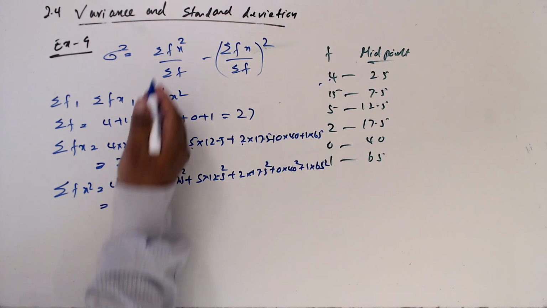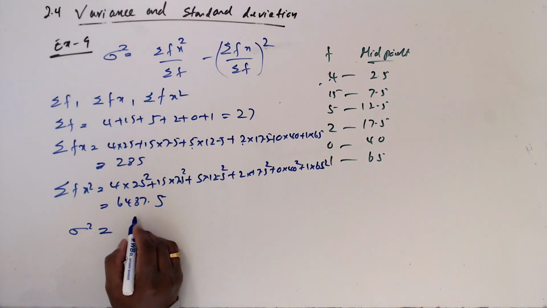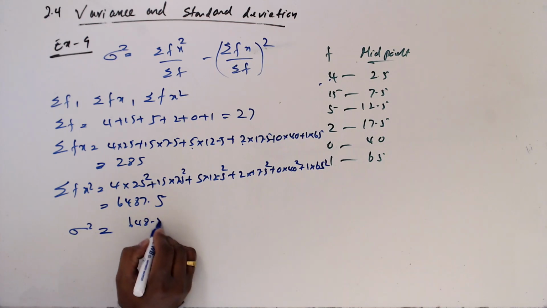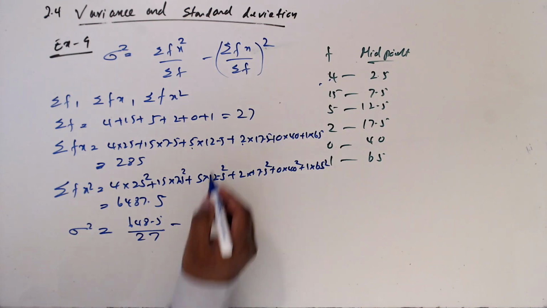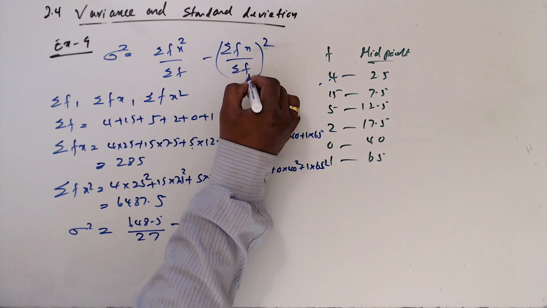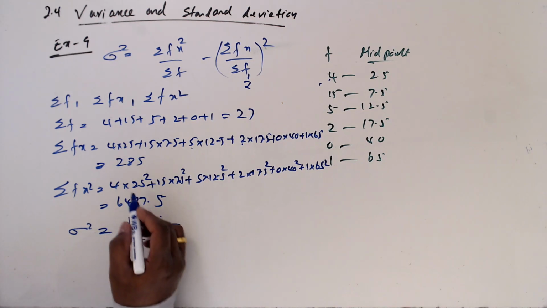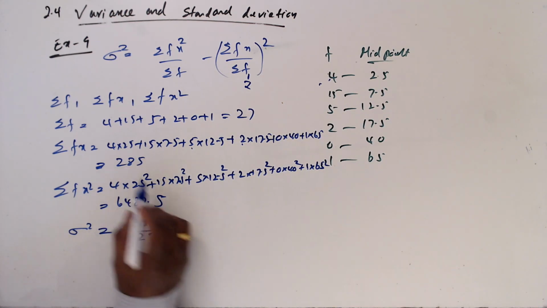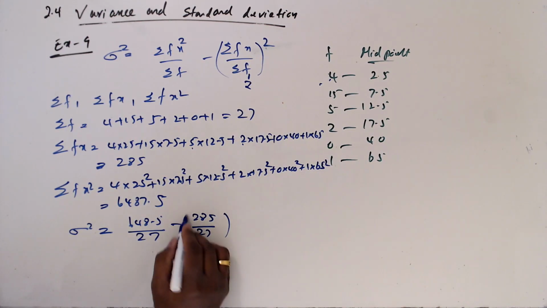You will get this value as 6487.5. Now you can substitute this formula. Summation fx square means 6487.5 divided by 27. This is the mean. What is the meaning of this one? X bar basically. Summation fx, 285 over 27, square.